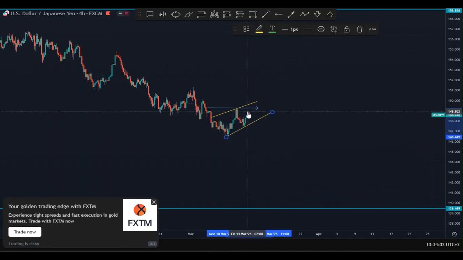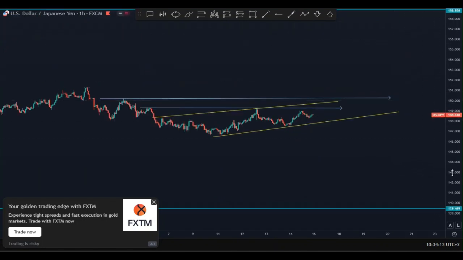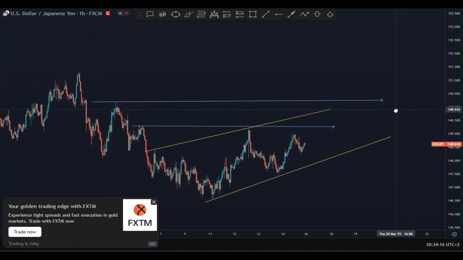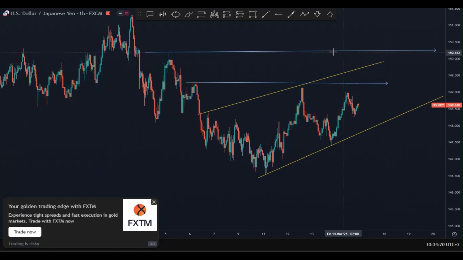While it's a 1, 2 now, we can get that touch here, which will validate this second hook point that we have here. So yeah, although looking at this, I don't think the USDJPY is ready to give us an entry yet. So we're just gonna keep an eye on this, guys.